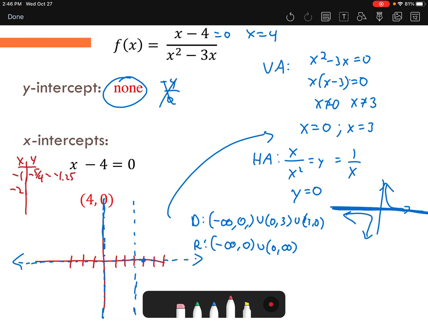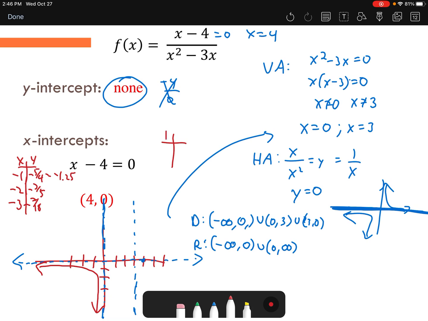Negative 2, that'd be negative 6 over 4 plus 6. So negative 3/5. Negative 3 would be negative 7 over 9 plus 9, which is negative 7/18. Okay, so the numbers are getting smaller. So I believe we would be looking at something that looks like this on the left side.